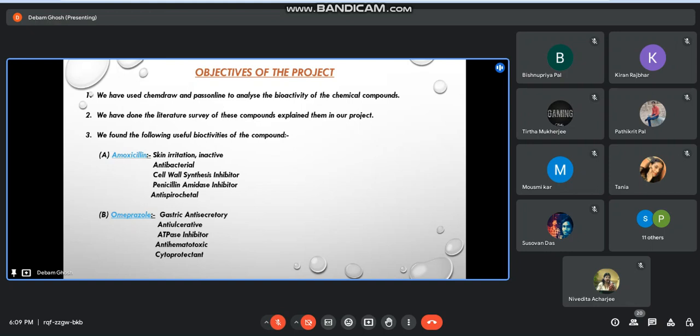Third, we have found the following useful bioactivities of the compounds. For amoxicillin: first, skin irritation inactive; second, antibacterial; third, cell wall synthesis inhibitor; fourth, penicillin amidase inhibitor; and fifth, antispirochetal. For omeprazole: first, gastric antisecretory; second, antiulcerative; third, ATPase inhibitor; fourth, antimutagenic; and fifth, cytoprotectant.